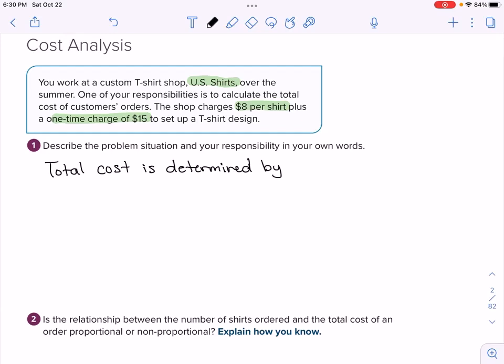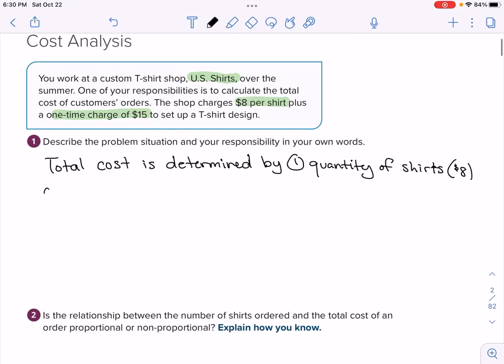The first thing is quantity, so the number of shirts, and in parentheses, this is $8. And 2, this is a setup fee, and in parentheses, that is $15. Okay, so the setup fee is a one-time fee, but every single time we purchase a shirt, it's $8.